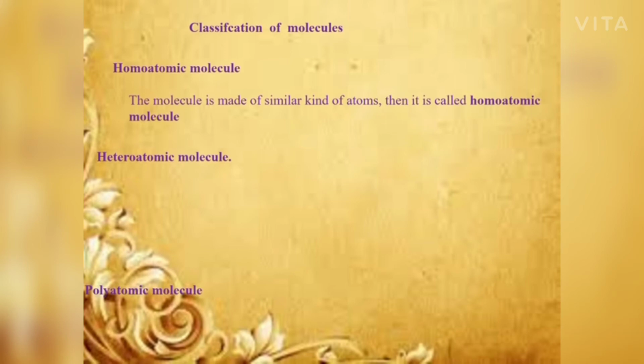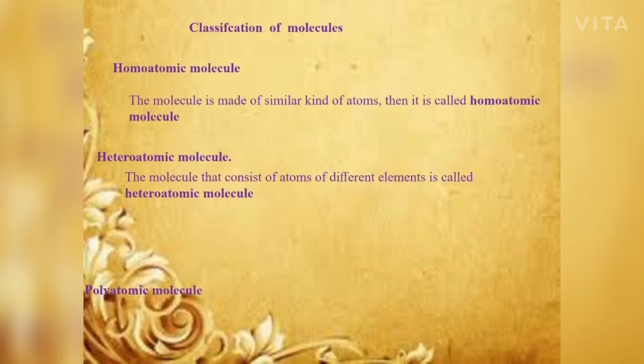Heteroatomic molecules means the molecule that consists of atoms of different elements. That is called heteroatomic molecules. Hetero means different. So, different element atoms are combined together to form a molecule. That comes under the category heteroatomic molecules.